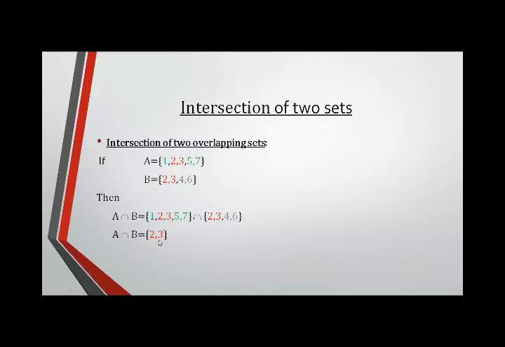Now from the definition of intersection, we know that we write the common elements of both sets. So as you can see, students, 2 and 3 are common elements in both sets. So A intersection B is equal to 2 and 3. These are the common elements in both sets, but we don't write them twice, we write them only once. So here is the intersection between two overlapping sets.